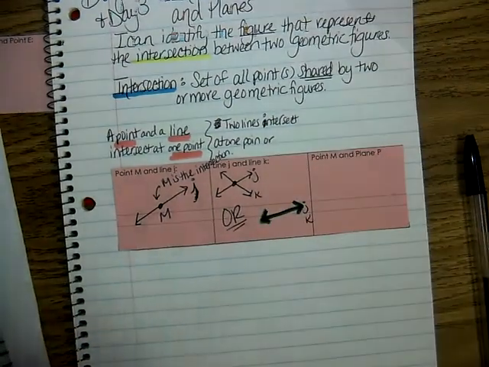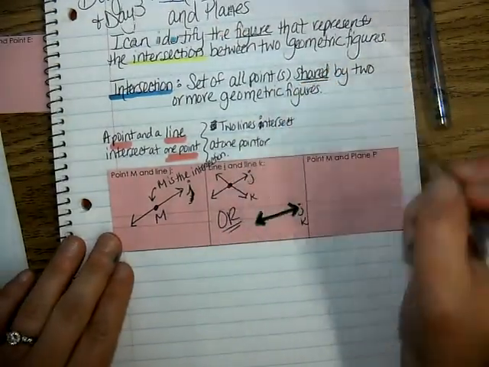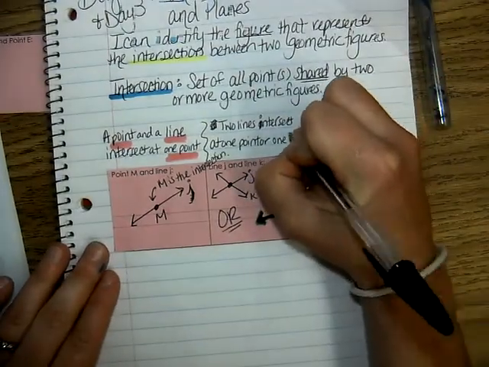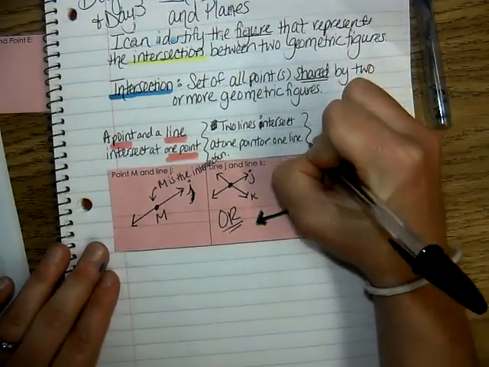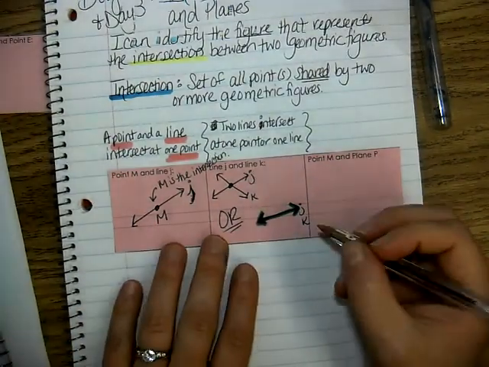And so therefore they would intersect at every single point. Their intersection could be at one point or at one line. Every single point that is on that line. So those are the two different ways in which these two lines could intersect.